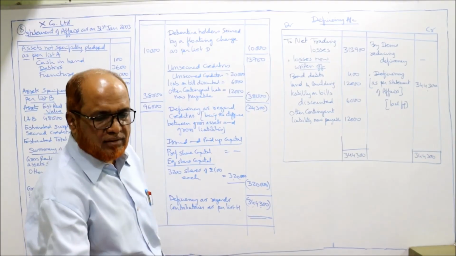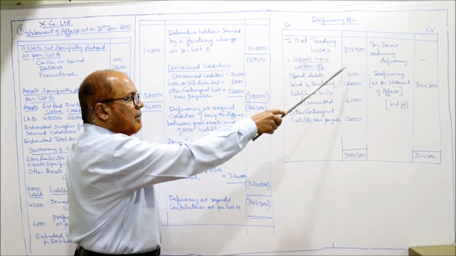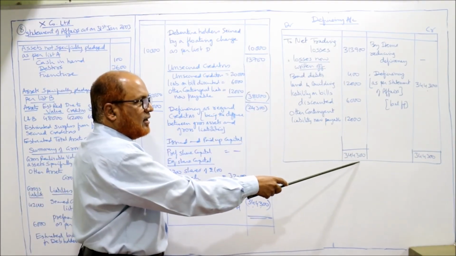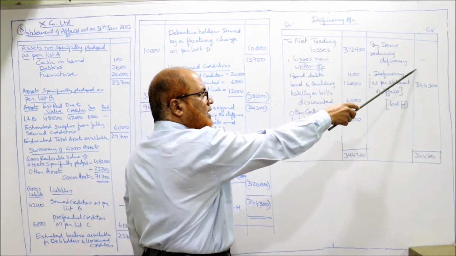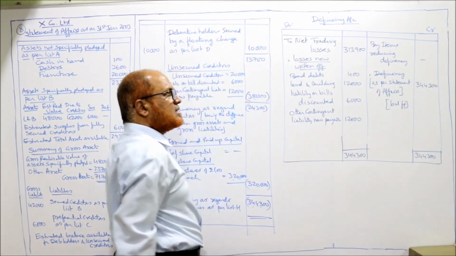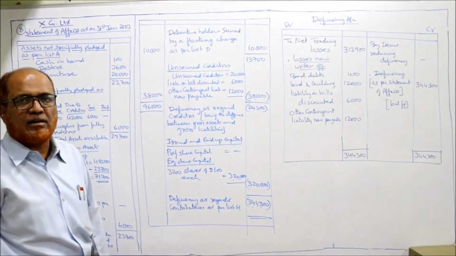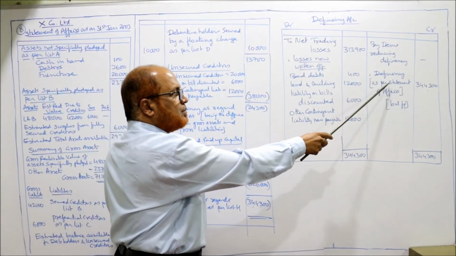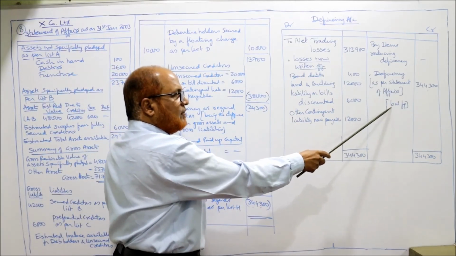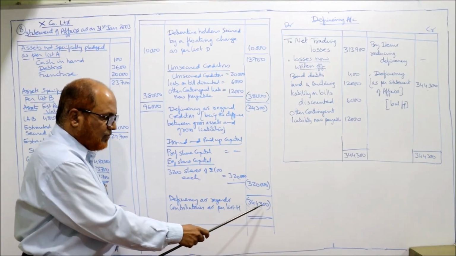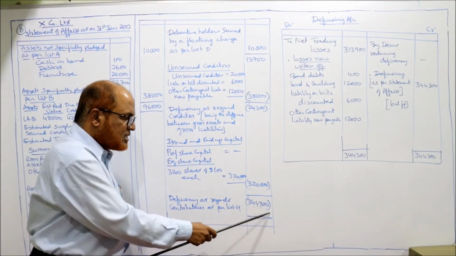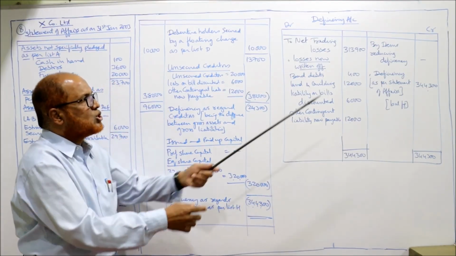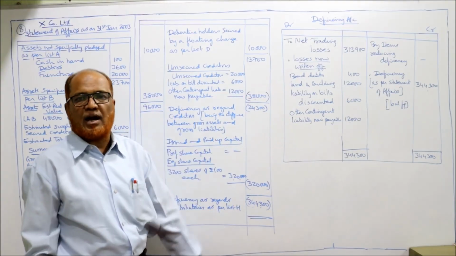Now we take the balancing figure. Take the total of the debit side, 3,44,300. We don't have anything on the credit side, so the balancing figure is 3,44,300. That is the deficiency as per statement of affairs. So how we got this 3,44,300, we have shown in the deficiency account.